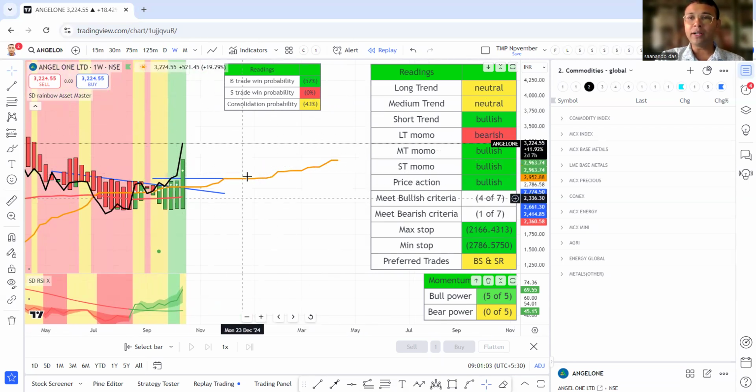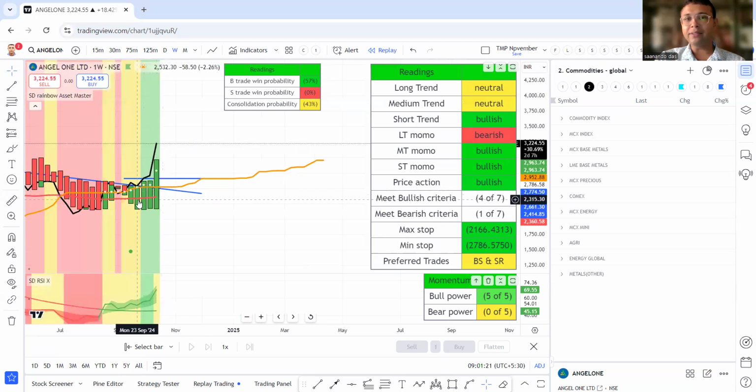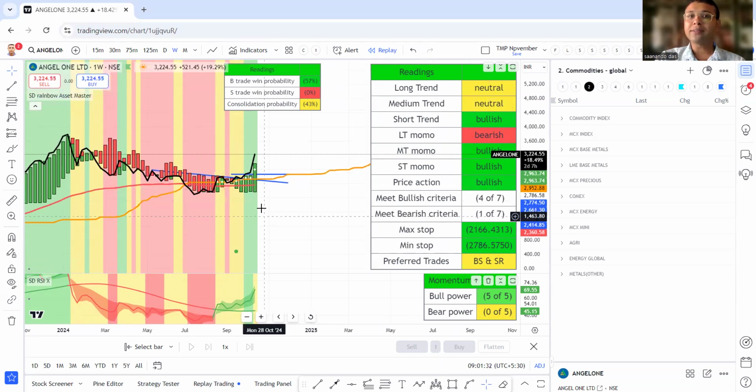One of the key conditions is this special type of candle, which is the Heikin-Ashi candle. This candle has to cross over these lines. Currently, the trend lines are crossing within the candles. That's why the long-term trend and medium-term trend are still showing neutral.